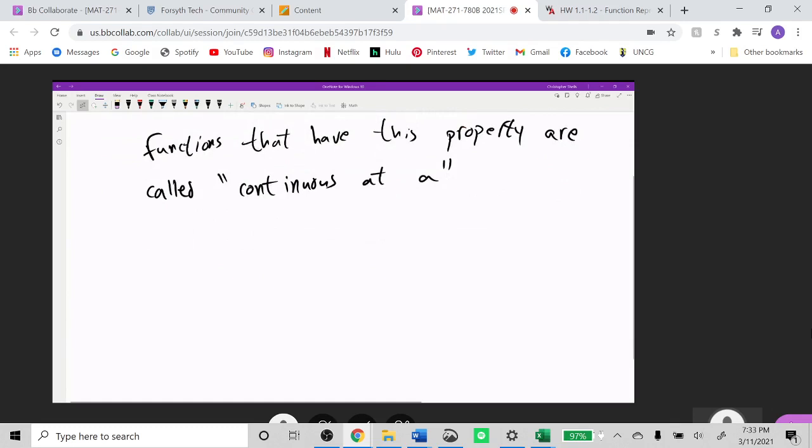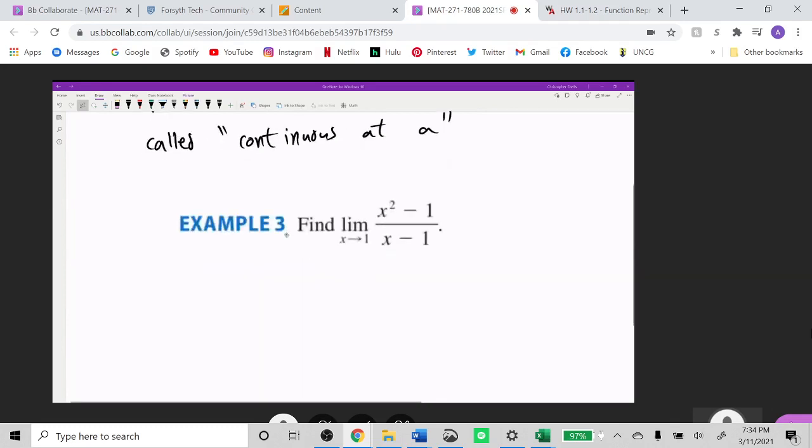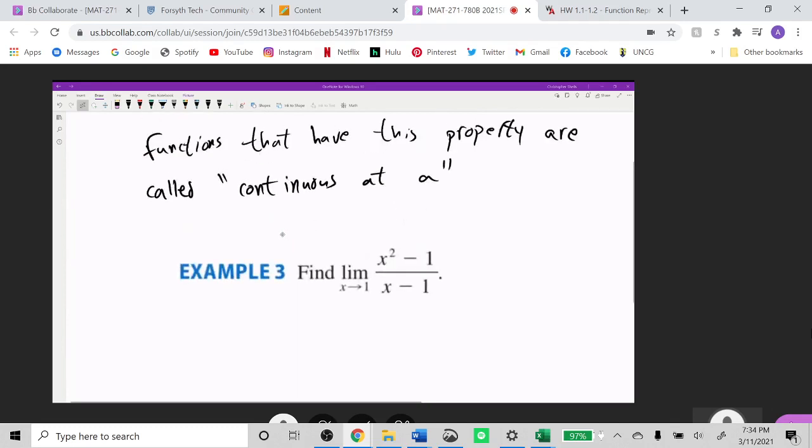However, not all limits can be evaluated using direct substitution. For instance, finding this limit. I can't use direct substitution here. Why not?